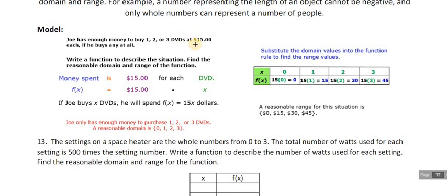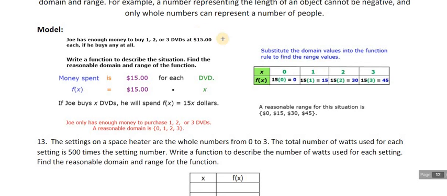And again, here's a situation where you can't buy 1.5 DVDs. Each DVD is $15. He's going to buy 0 DVDs, 1 DVD, 2 DVDs, 3 DVDs, 4 DVDs, heck, maybe 10 DVDs if he's looking for a movie marathon. But this is definitely a discrete situation where we're only talking whole numbers.